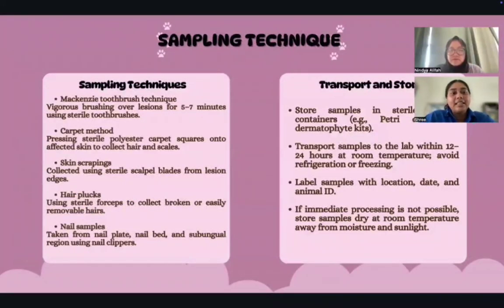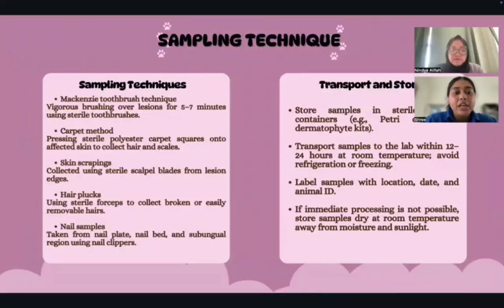Sampling techniques. First, the Mackenzie toothbrush technique: vigorous brushing over lesions for 5 to 7 minutes using a sterile toothbrush. Carpet method: pressing a sterile polyester carpet square onto the affected skin to collect hair and scales.